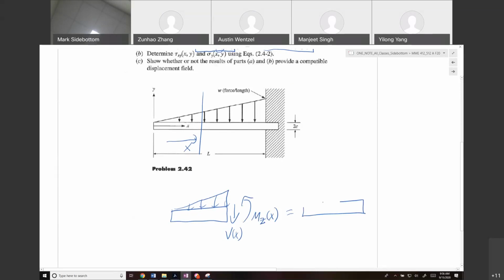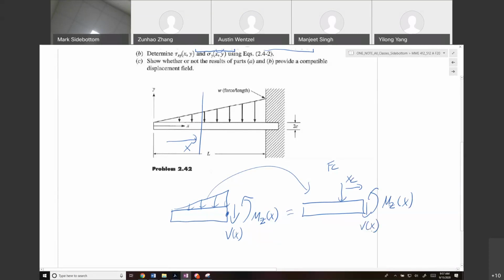To help us simplify this problem, we can take our distributed load and convert it to a concentrated force at some distance xc from our section cut. Hopefully this is familiar from strength of materials.